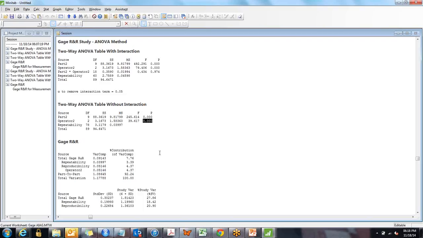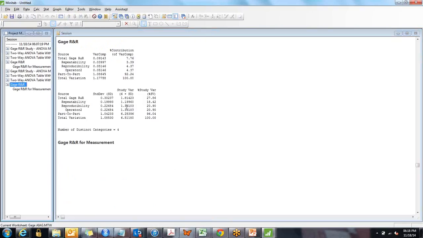Yeah, and next, let me go to this part, gauge R&R. Now look at this value. What did I say? There would be percentage tolerance only if we provide the tolerance. If you do not provide the tolerance, percentage tolerance would not be there. 27.86.